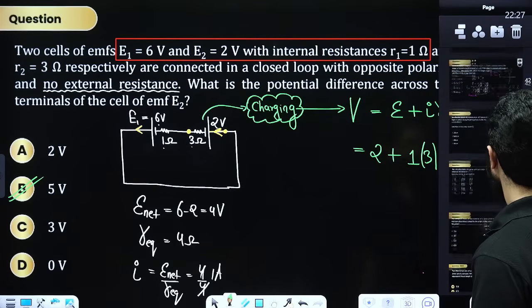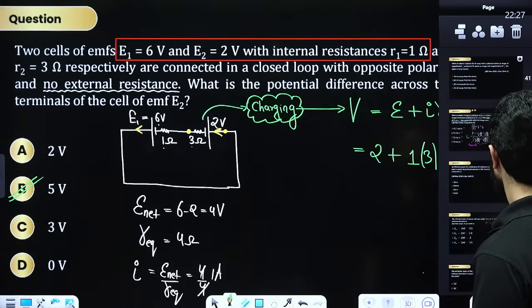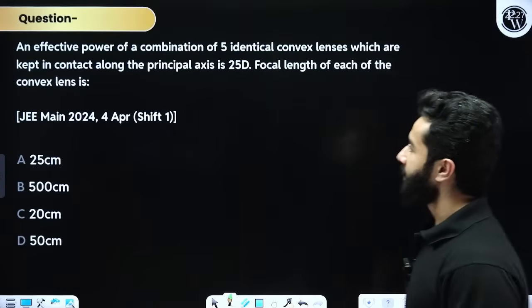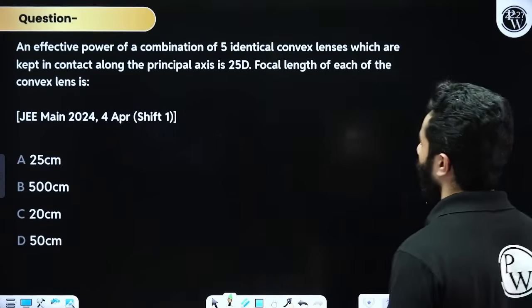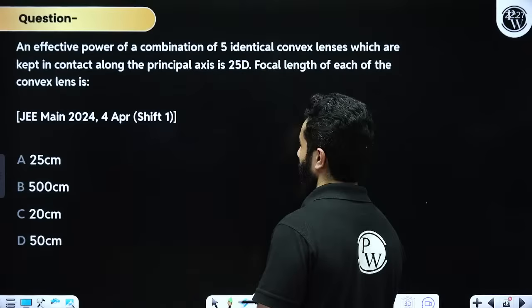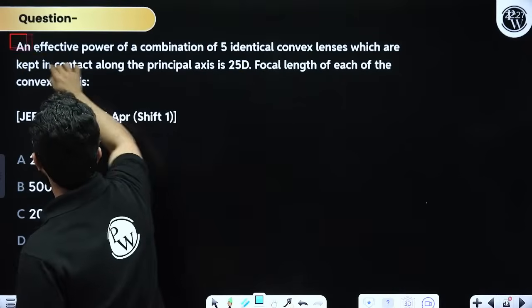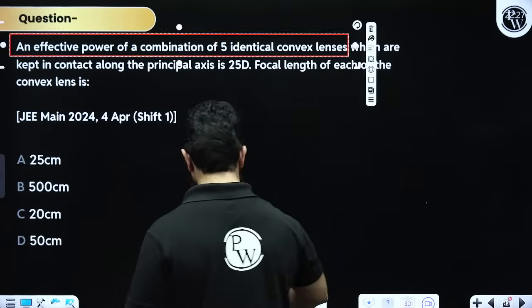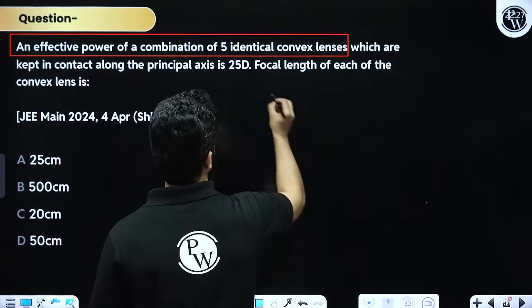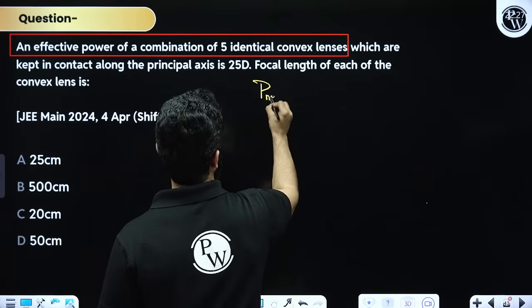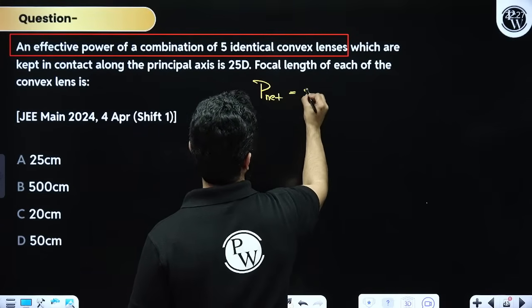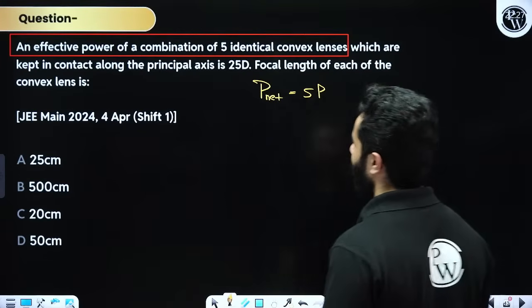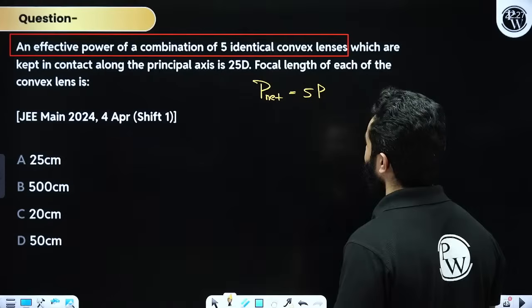Let's solve another problem. An effective power of a combination of 5 identical convex lenses, that means P net is equal to 5 times P, which are kept in contact along the principal axis, is 25D.